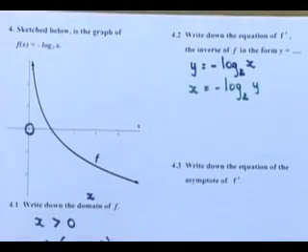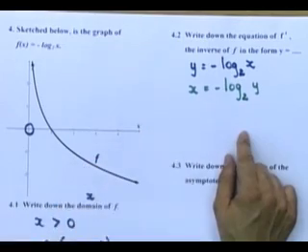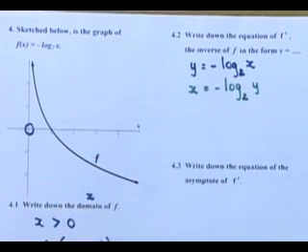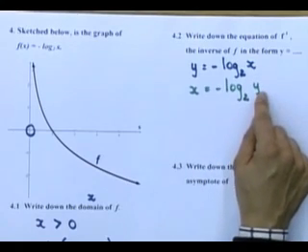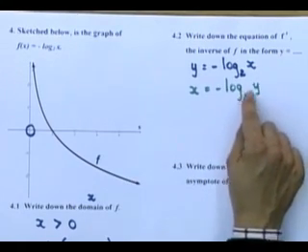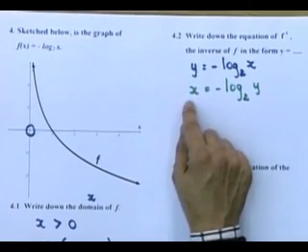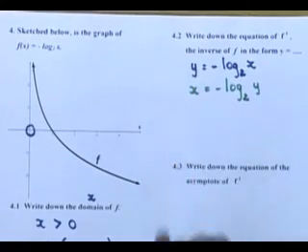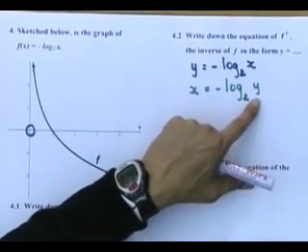But let's just see how we have to write this into exponential form. Remember, what we have here is a log form, so we have to write it into exponential form. Now remember, reading this, the log of y is your number, 2 is your base, and that is your exponent. Right? Remember the definition of a log. It says the log of a number, in this case the log of a number is y.